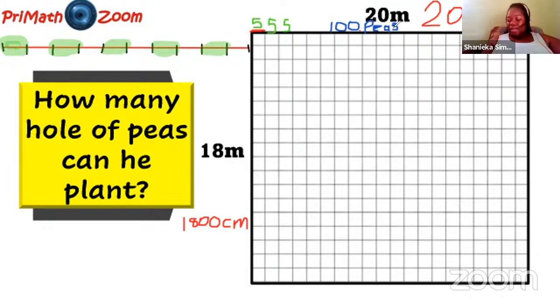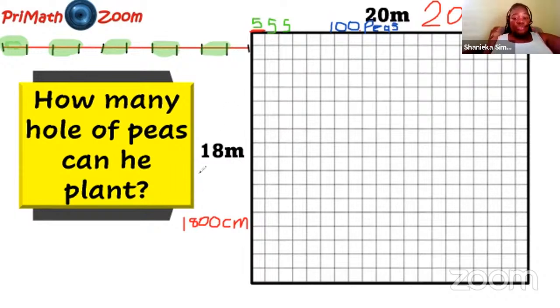All right, so I'm seeing persons sharing that we multiply 18 by 5, which will give us 90 peas. So thank you, Michaela. We don't say into, we say by. So thank you, Jasmine. Right, so we multiply 5 by 18. So 5 peas by 18 units, and that gave us 90 peas.